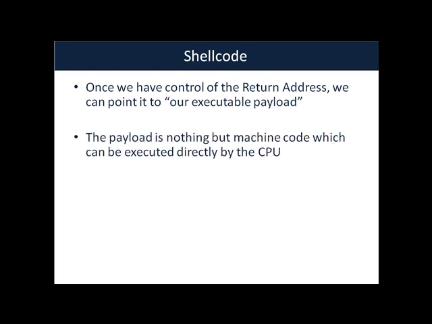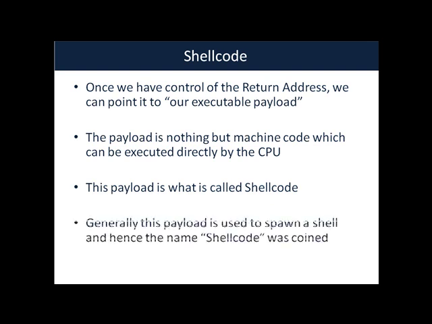Now what is this payload? This payload is nothing but machine code which can be executed directly by the CPU without requiring any further assembly or compilation or whatever. And this payload which we inject into the program memory, which is machine code, is what is called shellcode.